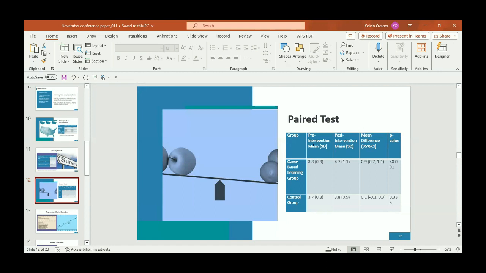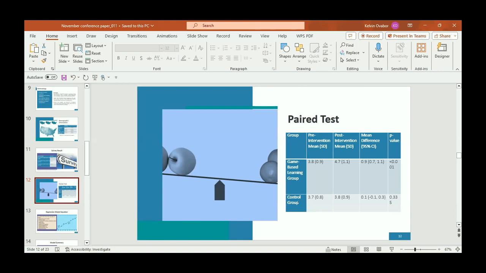Looking at the pre-intervention mean, it is 3.8, while the post-intervention mean is 4.7, which means that there is an improvement. Before they went through the intervention, the mean was 3.8. After the intervention, we got 4.7 with a p-value of 0.01.